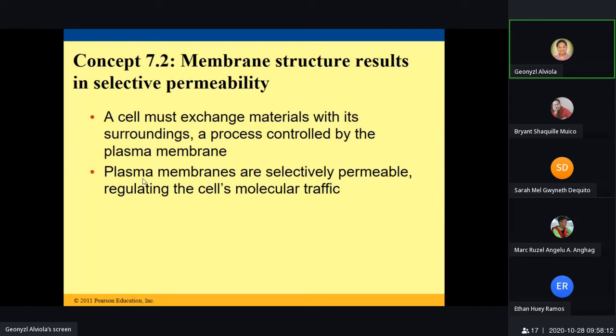Hindi din basta-basta because this is also to protect the cell na hindi agad mapuntahan ng mga foreign material or harmful chemicals. Sometimes we take harmful chemicals. We got it from the food, the medicine. Muna ang mga ways na makakuha tag mga harmful substances.